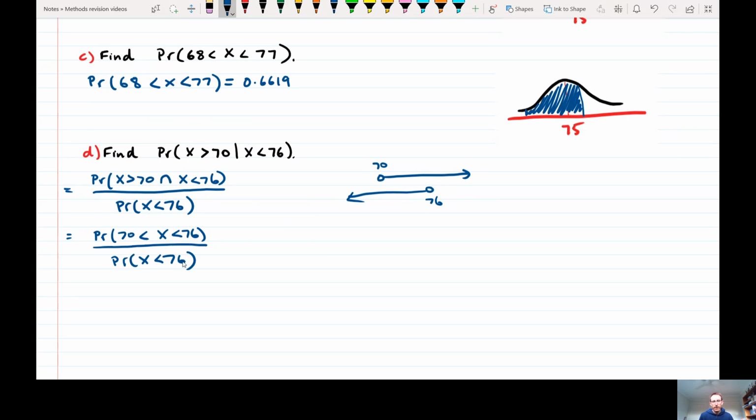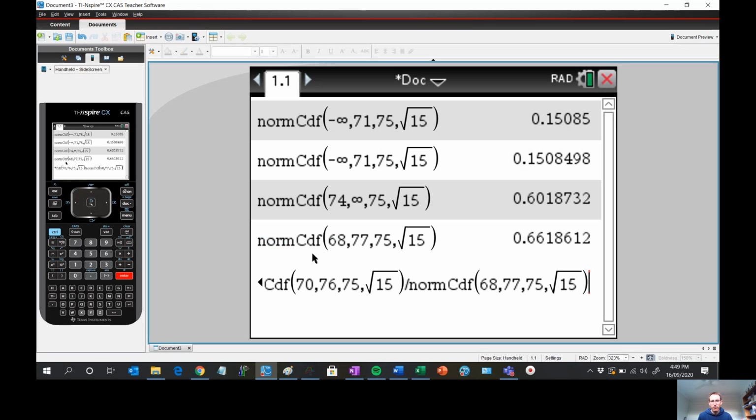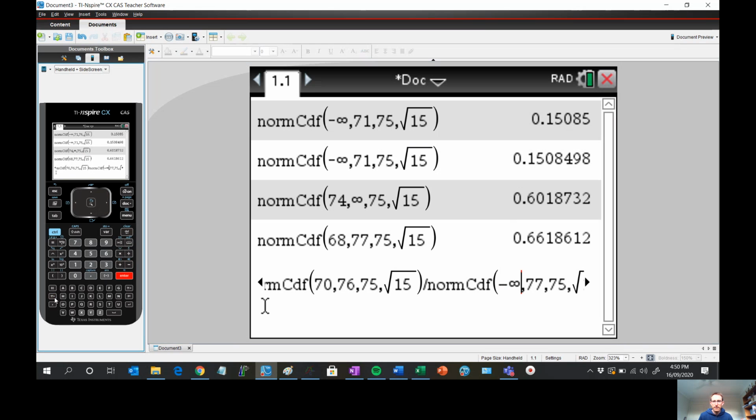So let's do that on our calculator. We can do it all in one go. So what I would do, it'll remove the chance of making errors. So you got 70 to 76 divided by, bring it down again, and this time we're going to have our negative infinity because that's where it's going down to. We want less than 76, and it goes to 76 there.